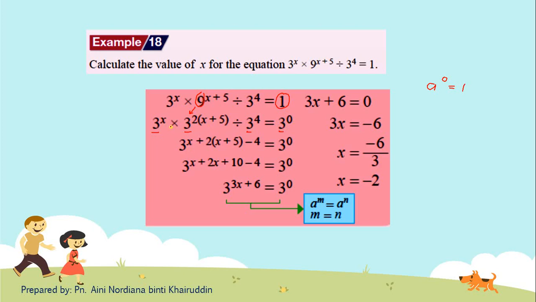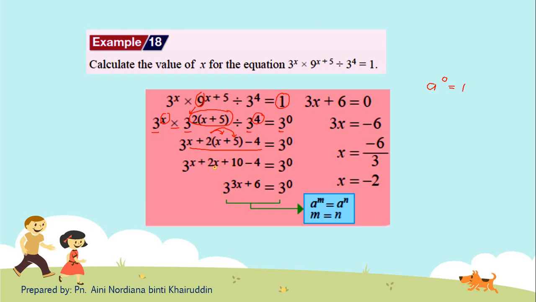Next, since this is multiplication, so 3 to the power of 2(x plus 2), times 3 to the power of x plus 5, minus 4, equals 3 to the power of 0. Since this is all the same base, then you expand this, you'll get 2x plus 4.